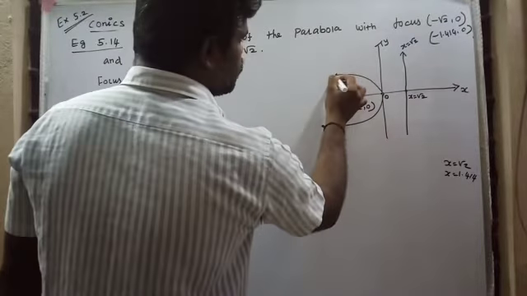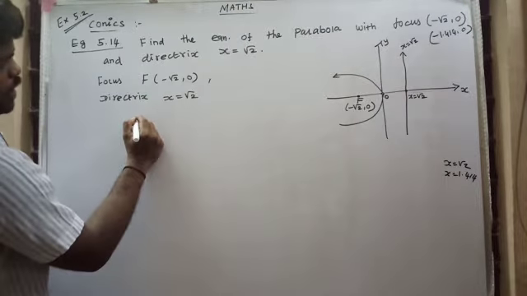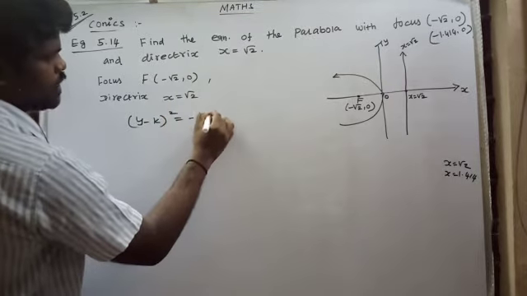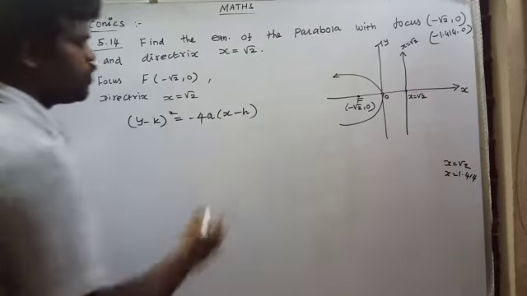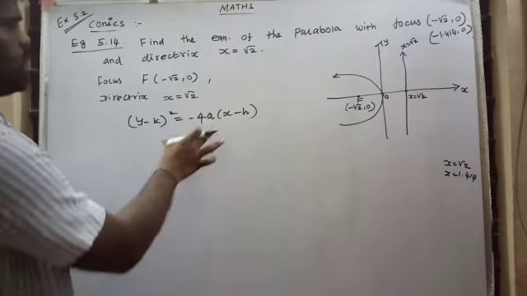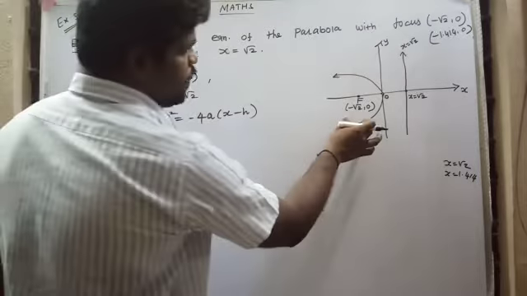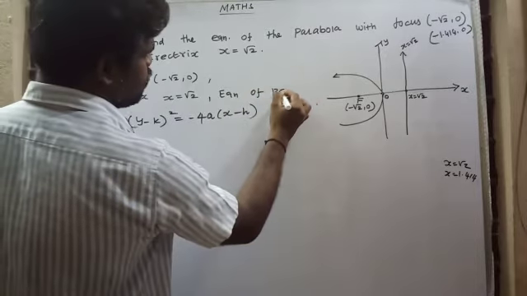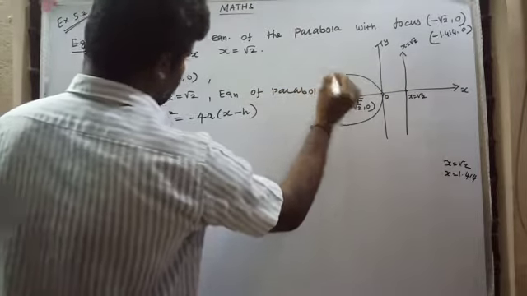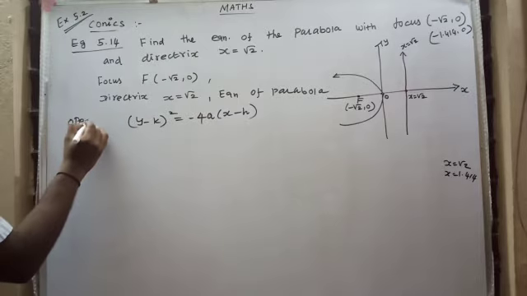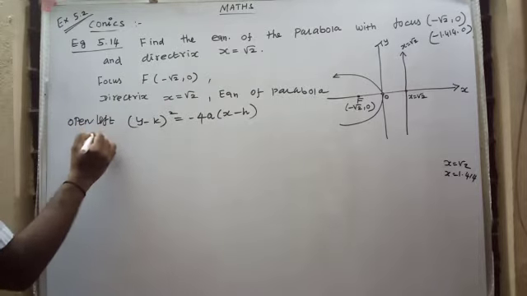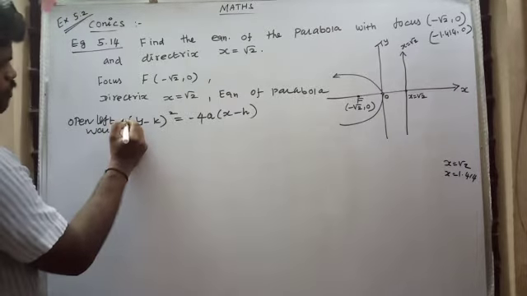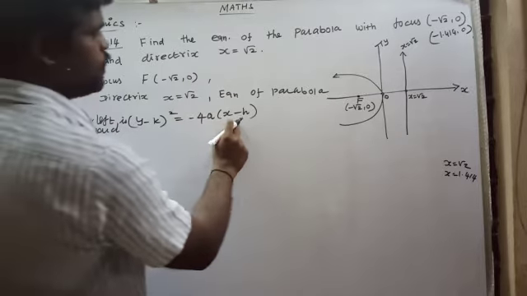So the equation must be (y − k)² = −4a(x − h). This is the formula for a parabola that opens leftward.